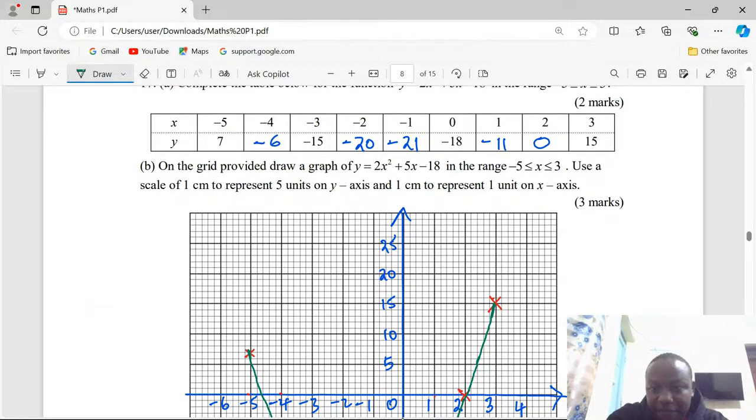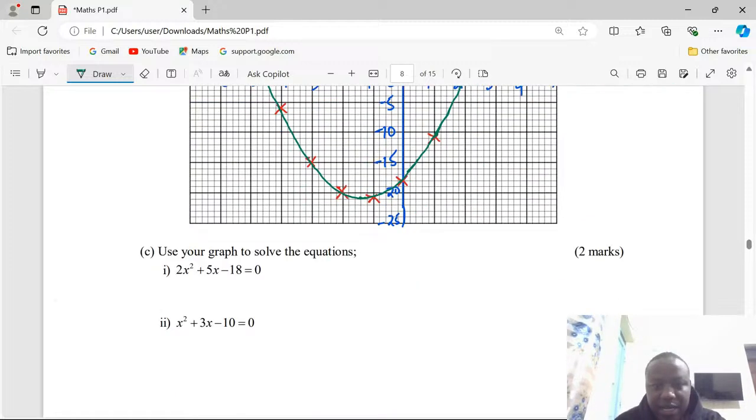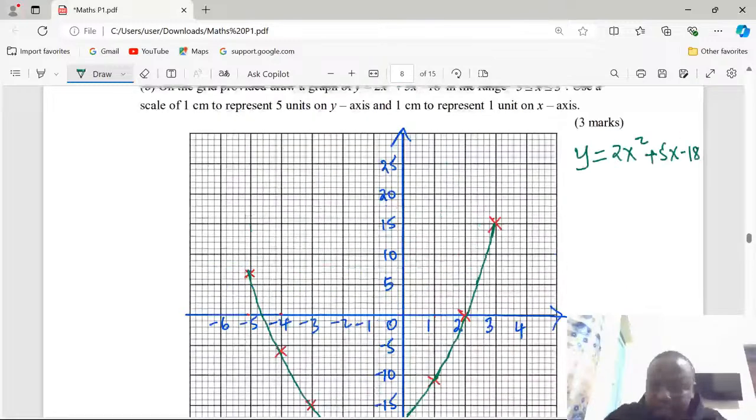So we write the first equation, which was plotted, y equals 2x squared plus 5x minus 18. Then the equation that we are solving is 0 equals 2x squared plus 5x minus 18.